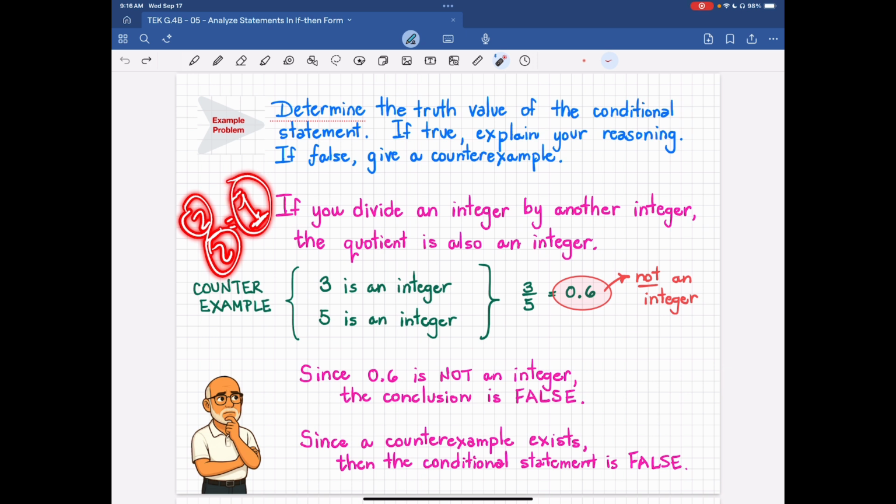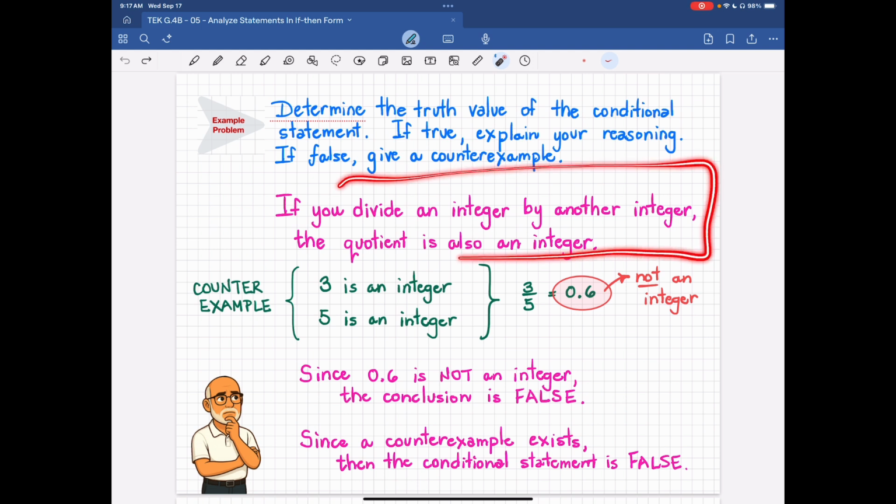But what happens is if the numerator is smaller than the denominator, so like if I get an example like 2 over 4, both of these are integers. 2 over 4 can be reduced to 1/2, which is 0.5. 0.5 is not an integer. So I know that this statement right here is not true, okay?